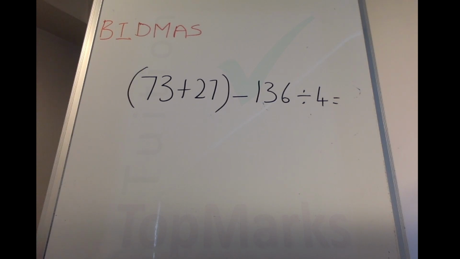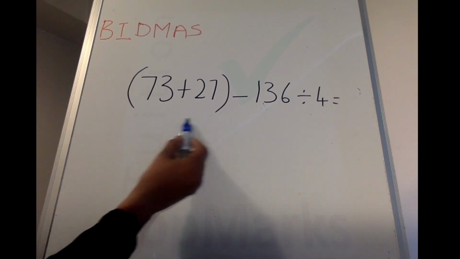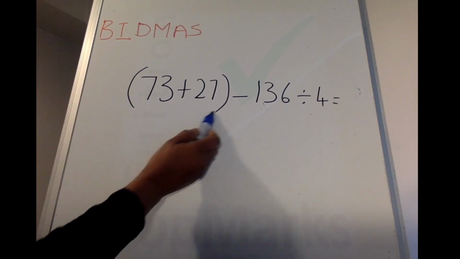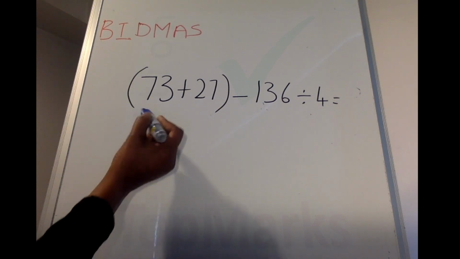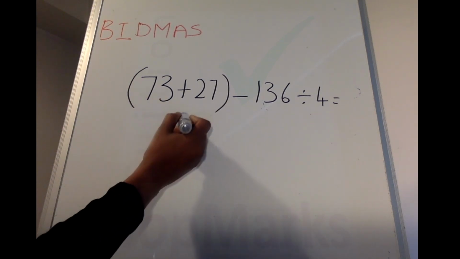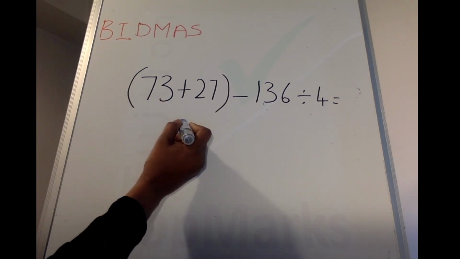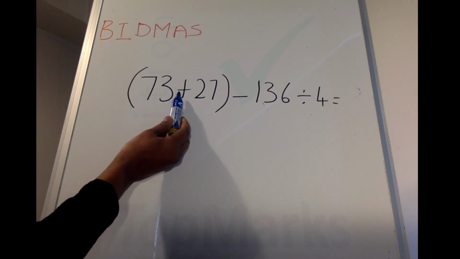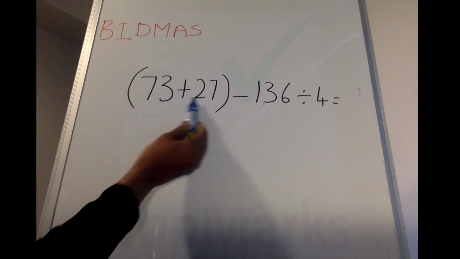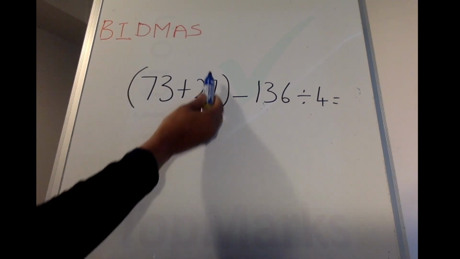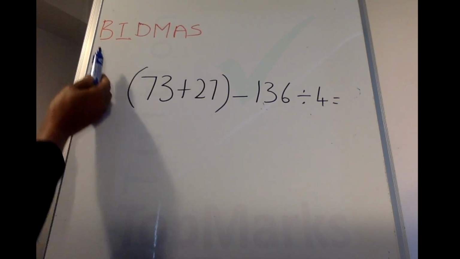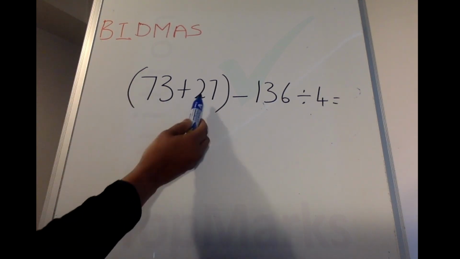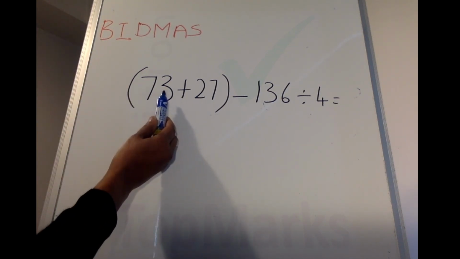So the first thing BIDMAS tells me to look out for are brackets, and I can see that I have brackets here in this calculation. So I'm going to carry out this calculation first. Even though there's an addition sign there, because the addition calculation is contained within the brackets, I'm still going to do this addition calculation first.